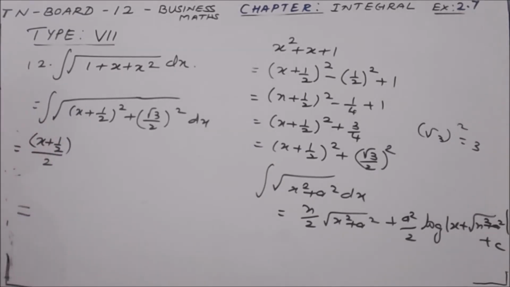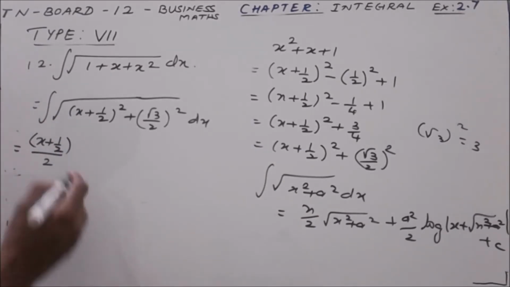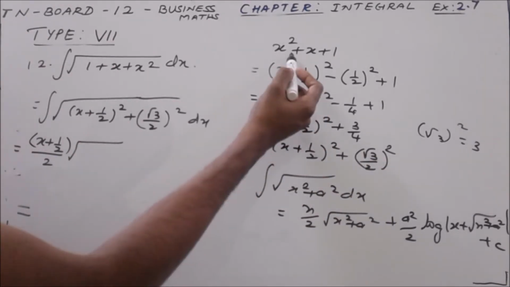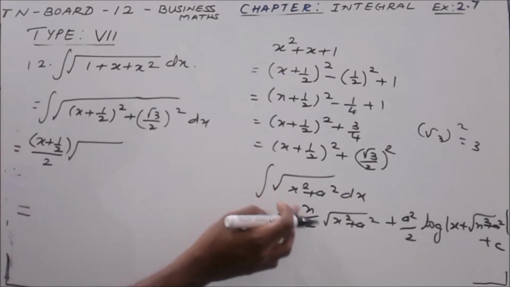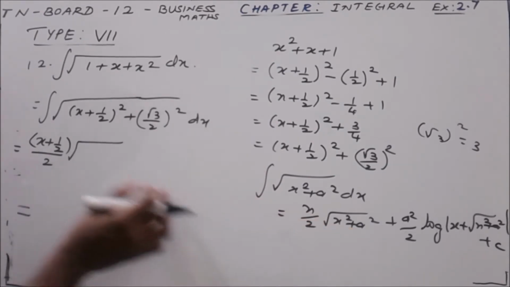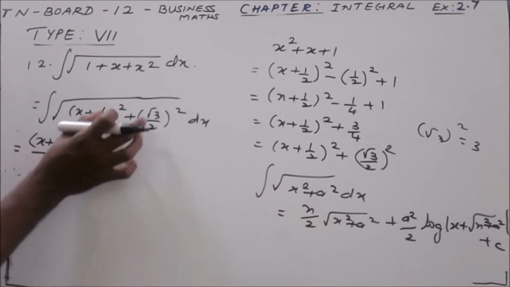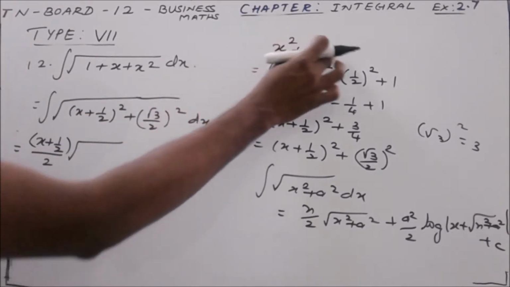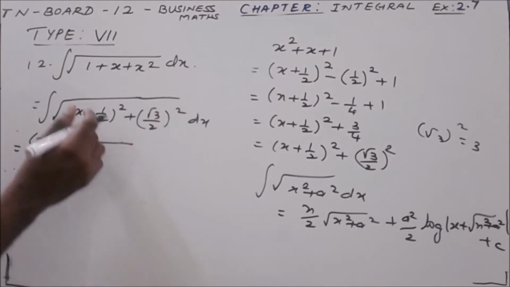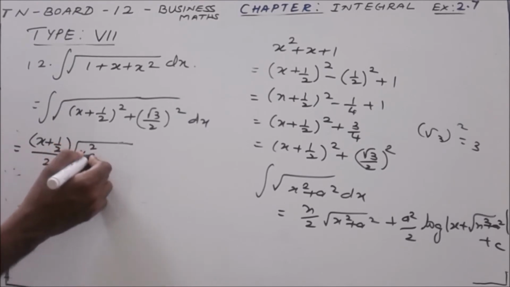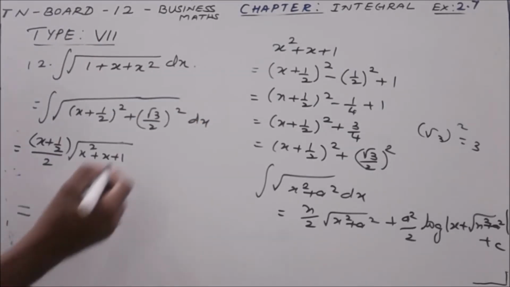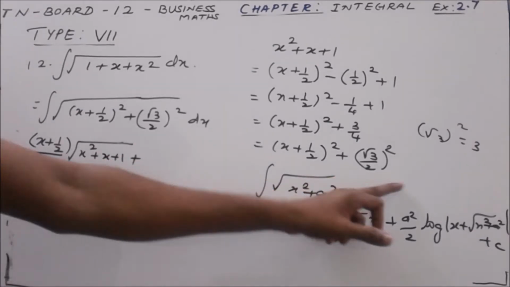x by 2 into root of, the simplification of this term is x square plus x plus 1. So while writing root of x square plus a square, we should write root of x plus 1 by 2 whole square plus root 3 by 2 whole square. This term will be equal to x square plus x plus 1. So you can directly write here x square plus x plus 1, or 1 plus x square, plus then a square by 2.